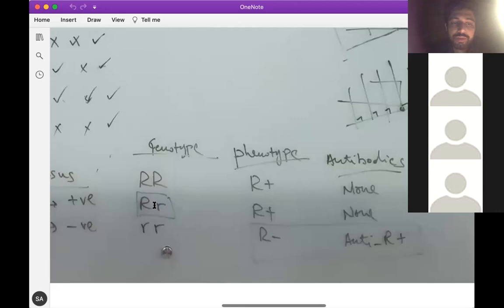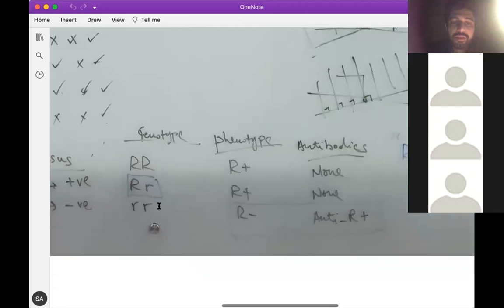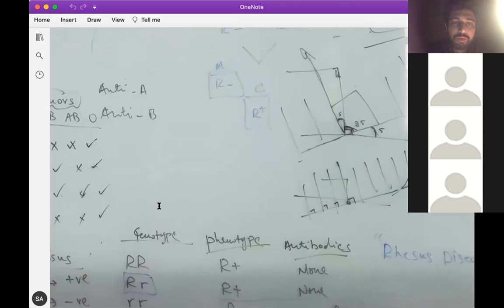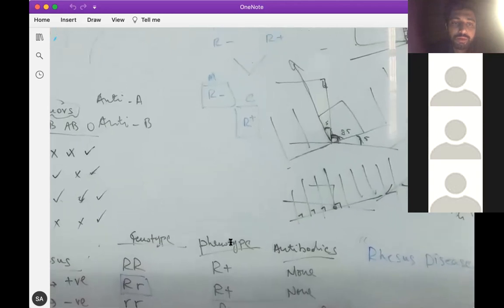So when they have this genotype, it results in a phenotype that is R positive. So when these two conceive a child, the child is going to have the rhesus protein in the blood group. Okay, it will be rhesus positive.